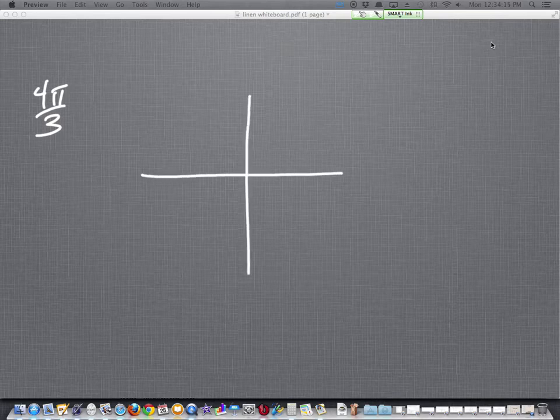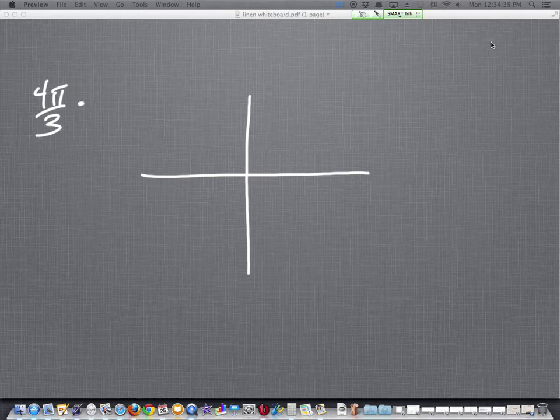All right, first thing I need to do is graph 4 pi over 3. So, what's something that might help me figure out where 4 pi over 3 is at? Turn it into degrees, Hayden. And how would I want to do that?